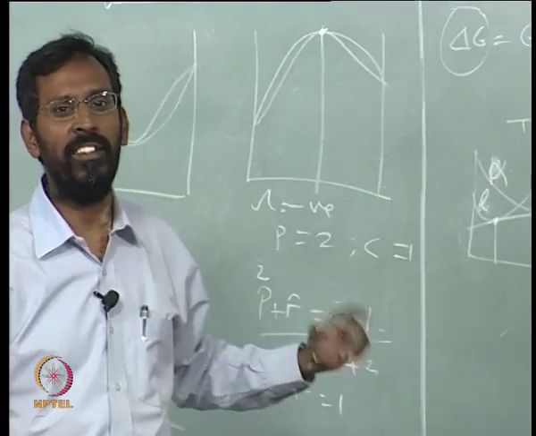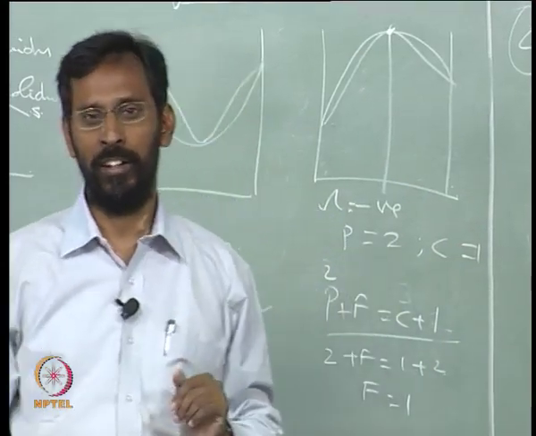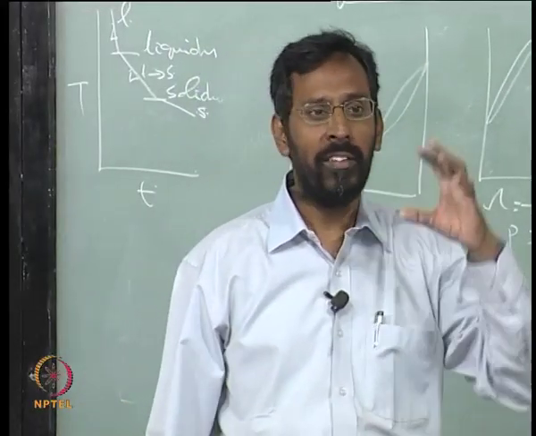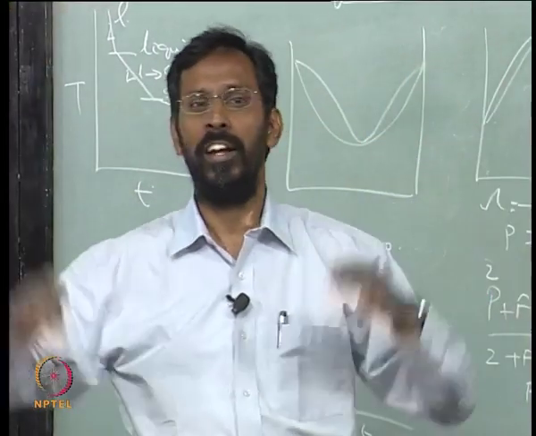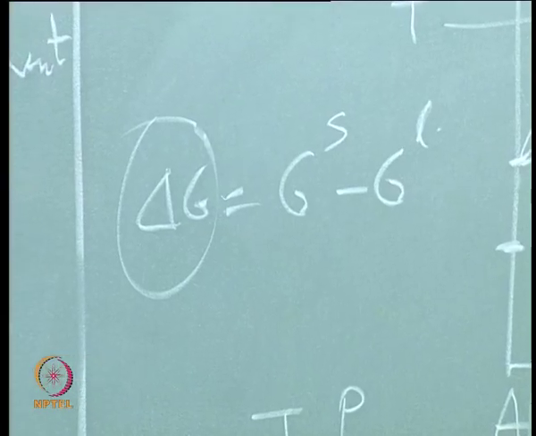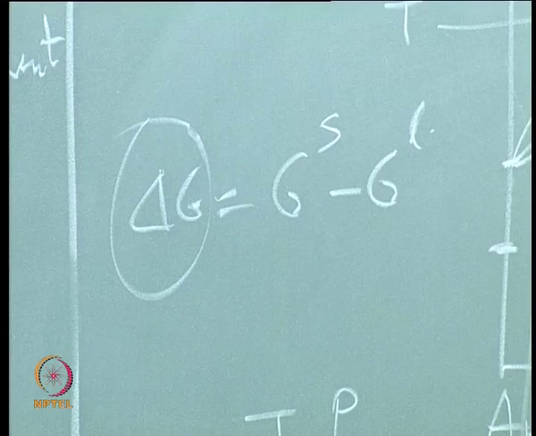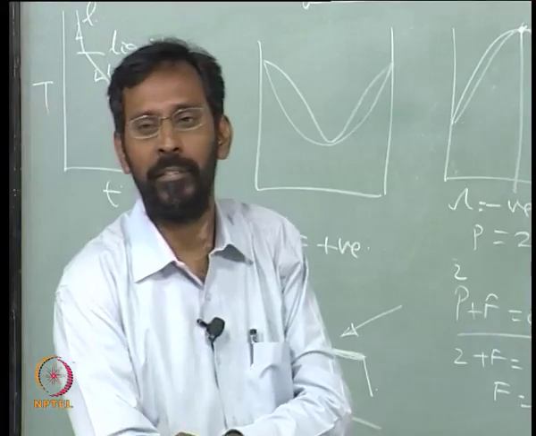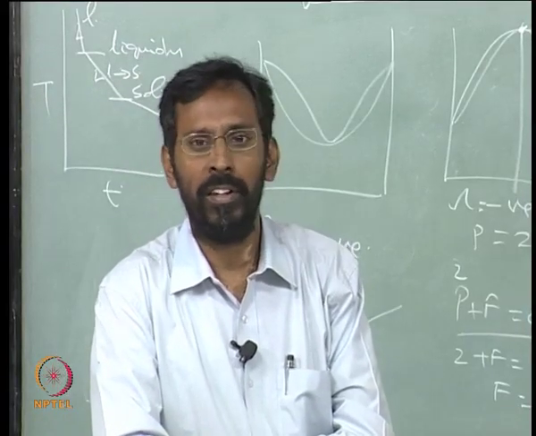You may say, sir, why should I find out this delta G? It is this delta G which is the driving force for solidification when a liquid is cooled, and this driving force comes into our nucleation equation, if you remember, in delta G star, the activation barrier. Anyone remembers?